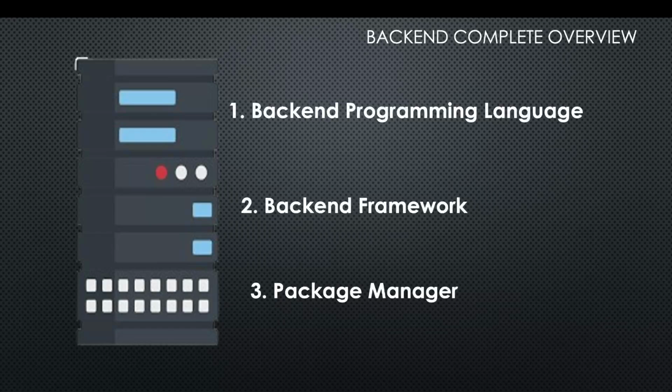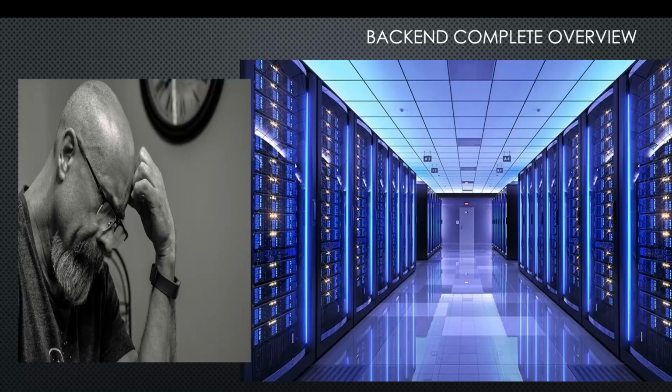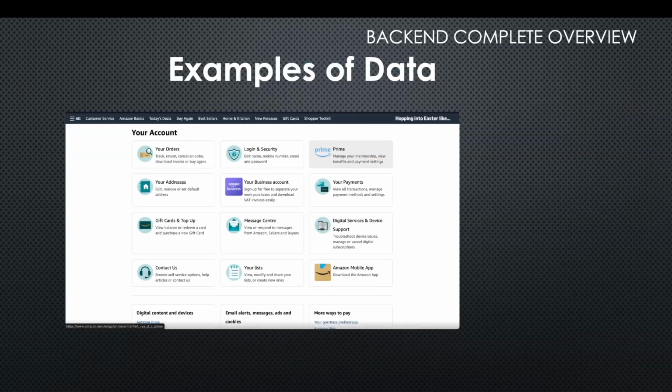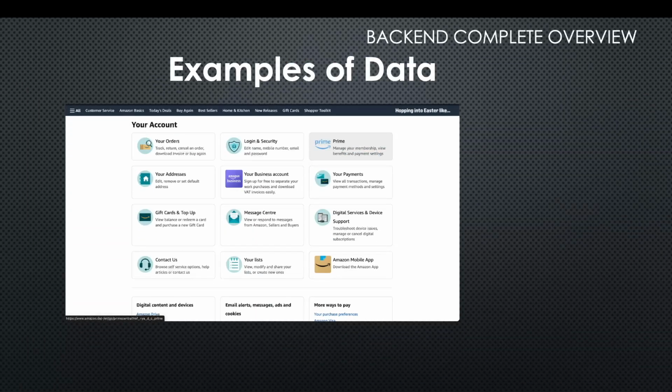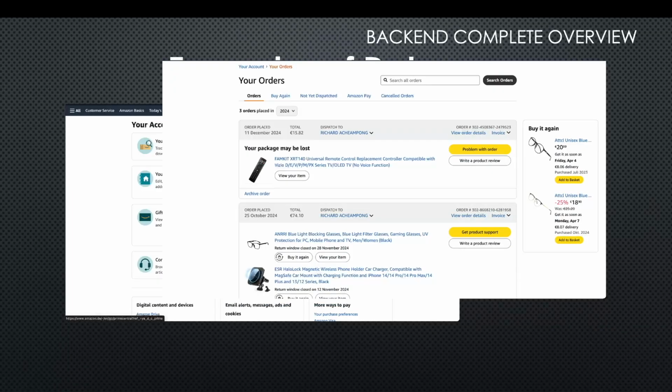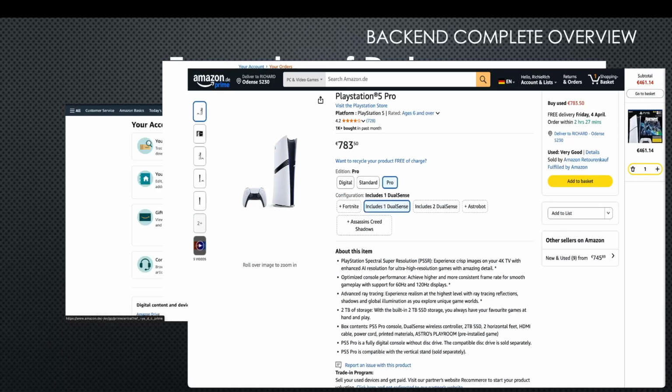The next challenge we have is we need a place to store the data for our web application. Going back to our Amazon example, data could mean the user data, like the login information and order history, as well as all the products that are being sold on Amazon, the price, the description, and the reviews.